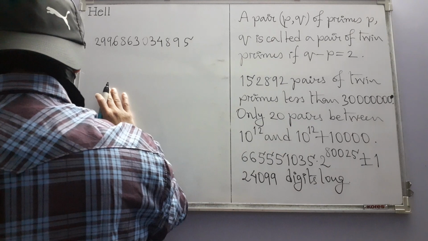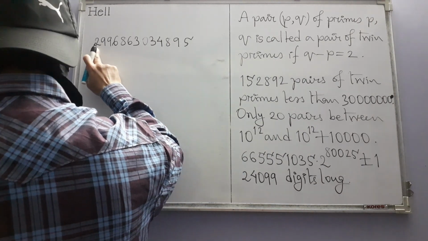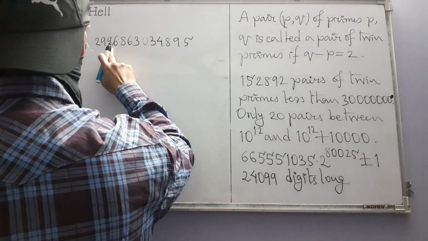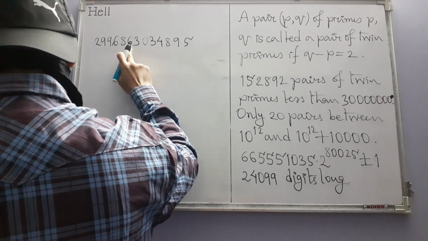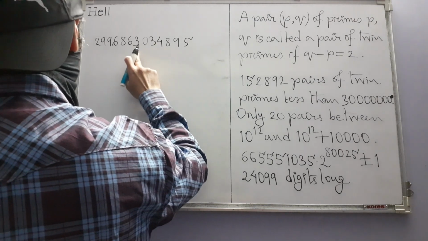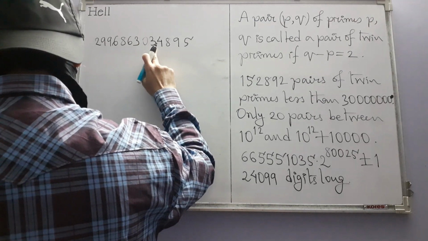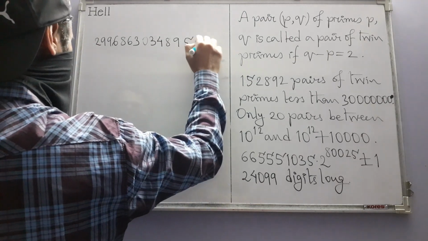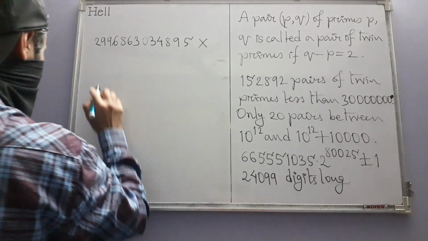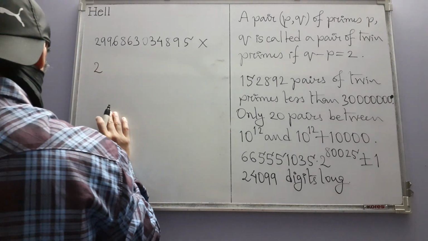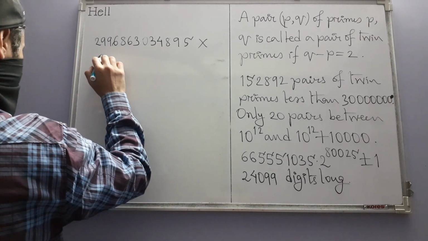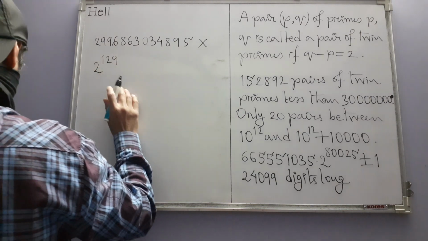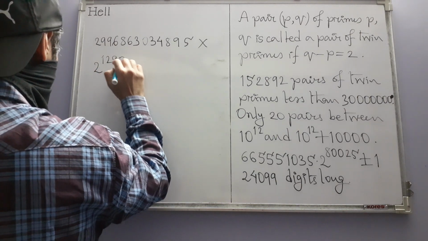Let me see if I have written it correctly. 299,686,303,4895 times the power of 2, in this case also extremely large, 129 followed by 4 zeros.